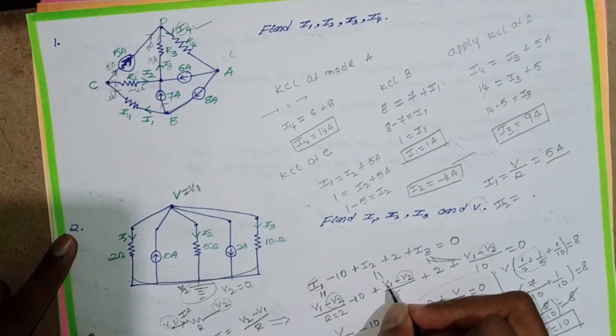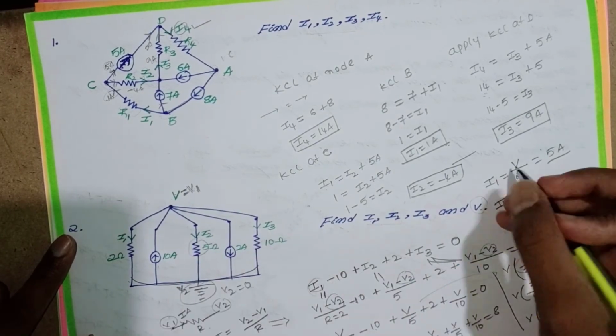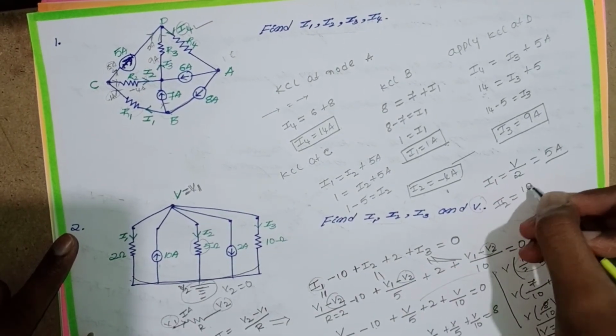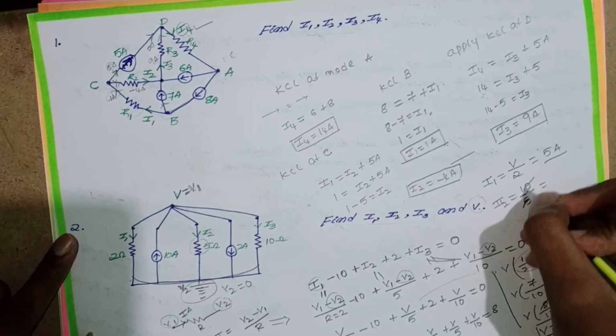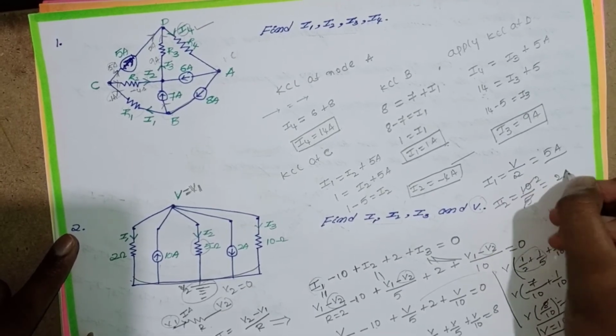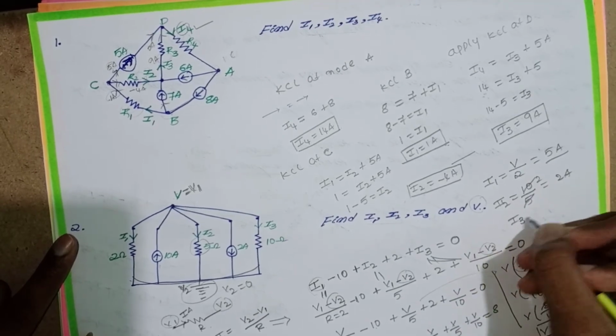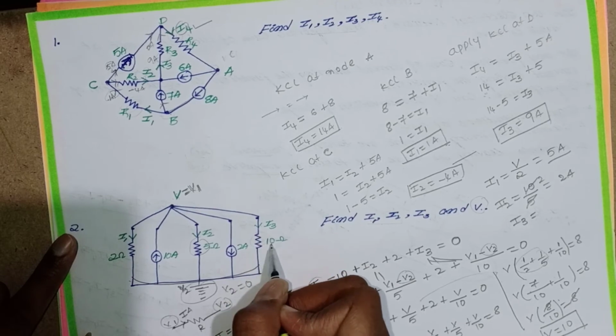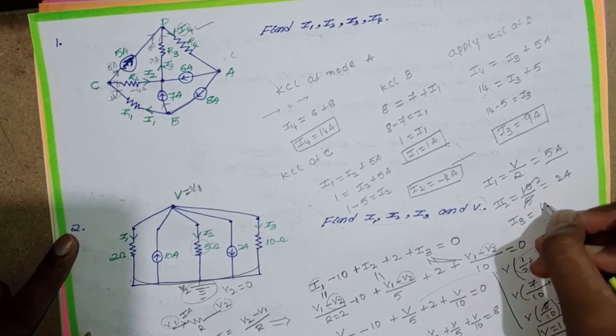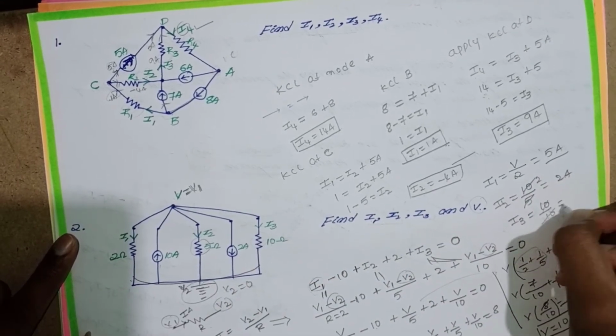I2 is equal to V1 by 5. This is 5. V is 10, 10 by 5 is 2 ampere. I3 is equal to V by 10. V is 10, 10 by 10 is equal to 1 ampere.